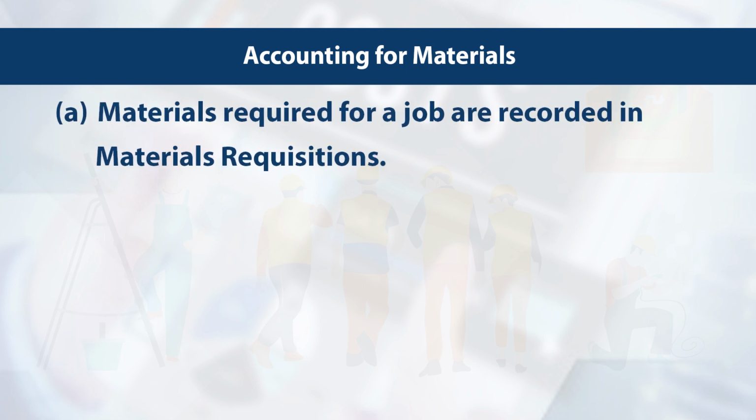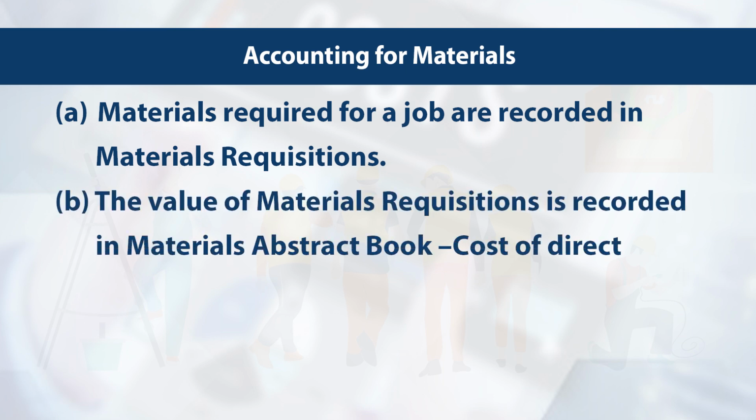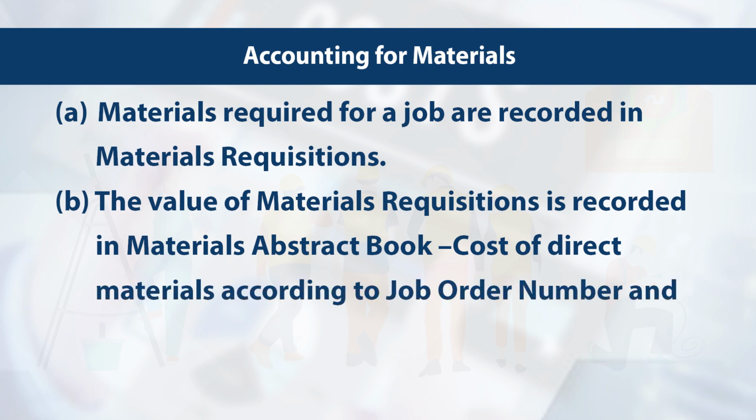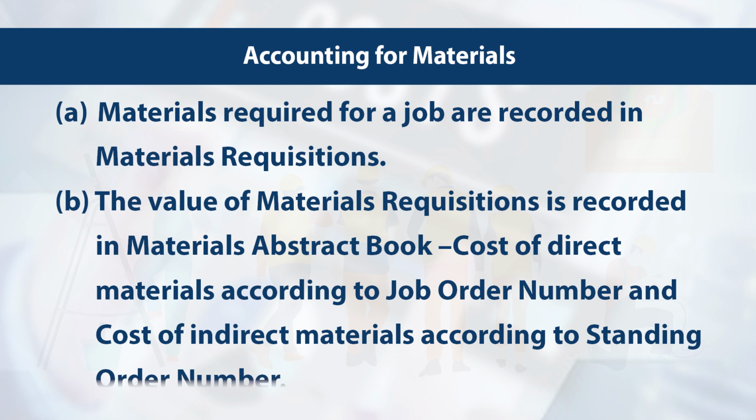Materials required for a job are recorded in materials requisitions. Then, the value of material requisitions is recorded in materials abstract book, cost of direct materials according to job order number and cost of indirect materials according to standing order number.